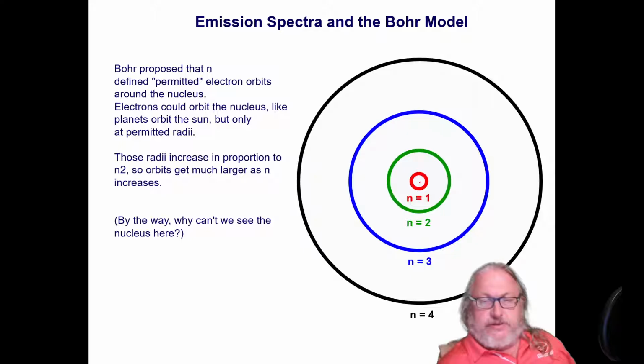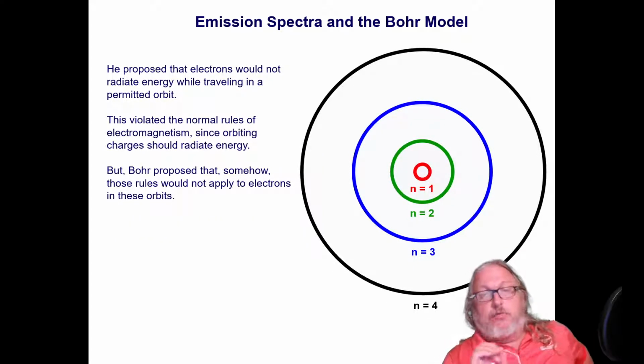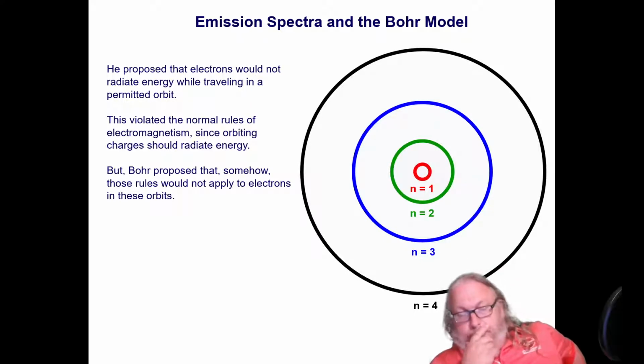Bohr proposed that electrons would not radiate energy while traveling in the permitted orbit. This violated what we knew about electromagnetism and electromagnetic waves, since orbiting charges should radiate energy.